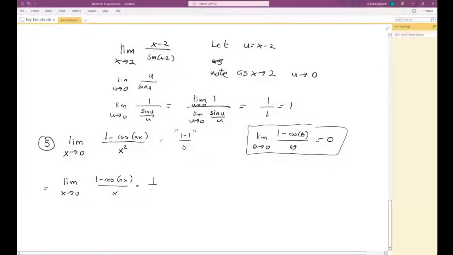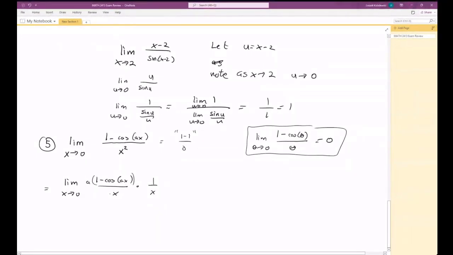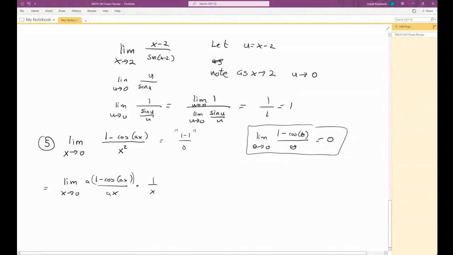And so I'm going to think of it this way, but what's the problem there? If I multiply the top and the bottom by a over here, and I try to evaluate the limits, the first factor would go to 0. The second factor, however, would go to 1 over 0, so that would be plus or minus infinity.